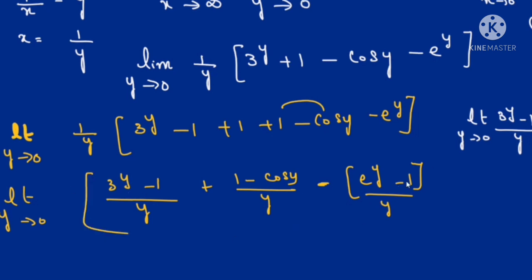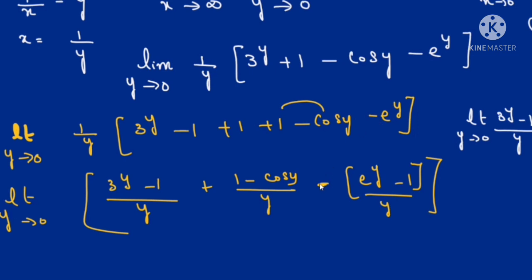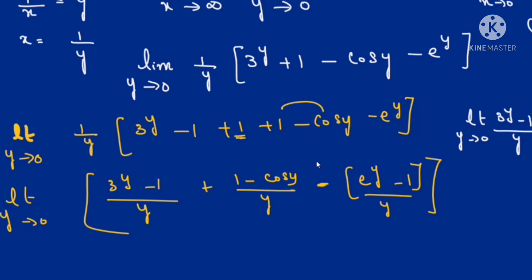Taking the minus outside for e power y, this 1 becomes minus 1, and minus into minus is plus 1, so these two we have grouped: 1 minus e power y.